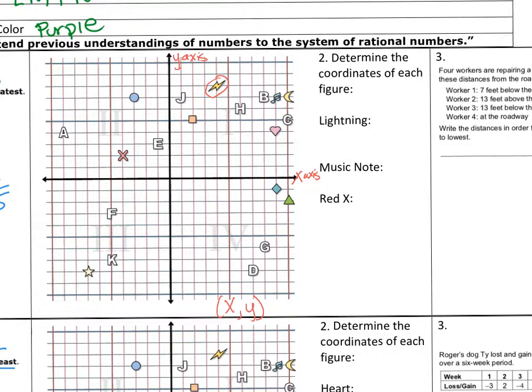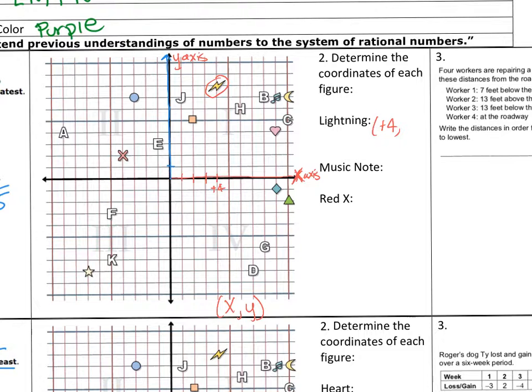Now the X axis is right here where the red writing is. And if I want the coordinates of the lightning, I have to count positive 1, positive 2, positive 3, positive 4. So I know it's at positive 4, comma, and then we go up in the Y direction, which is right here.